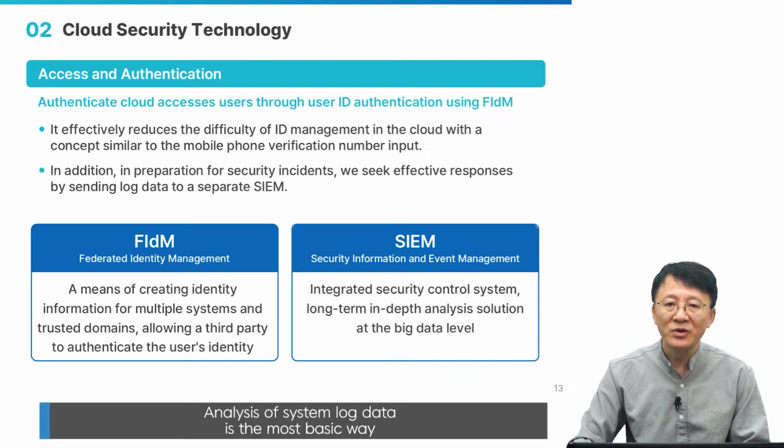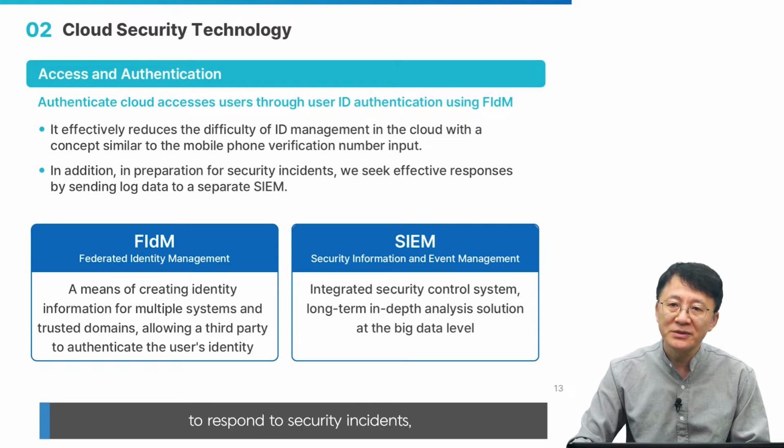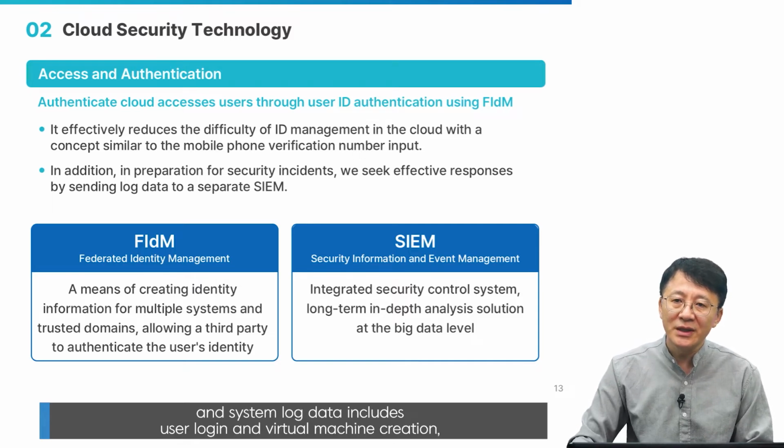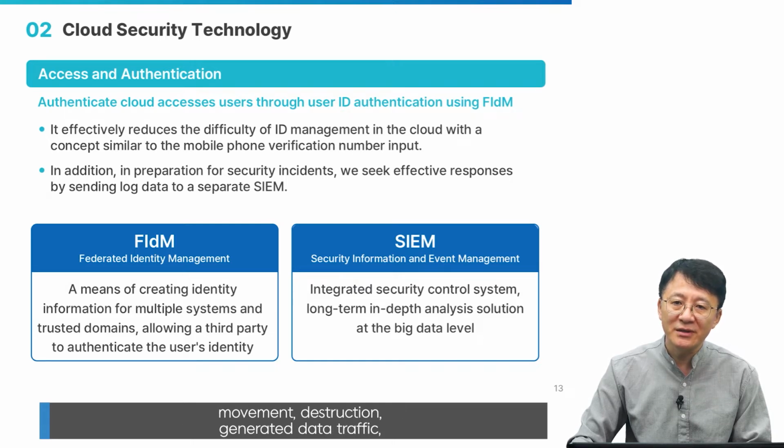Analysis of system log data is the most basic way to respond to security incidents, and the system log data includes user login and virtual machine creation, movement, destruction, generated data traffic, used applications, database access, operating system, and the system operation, record information, etc.